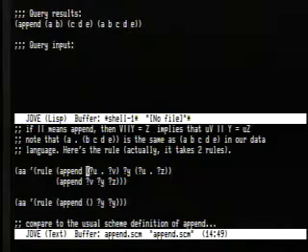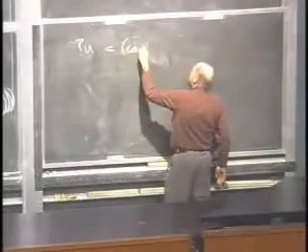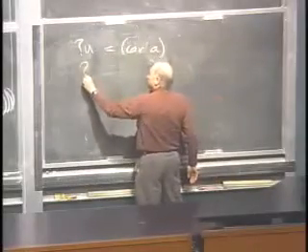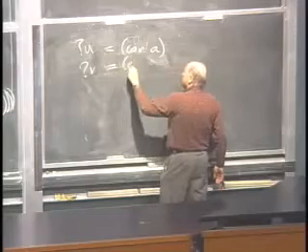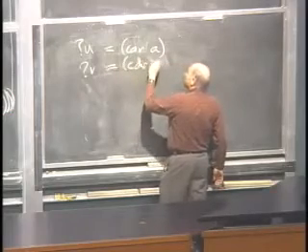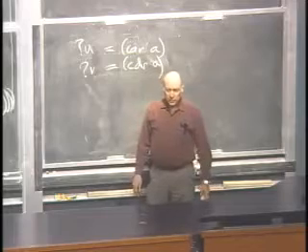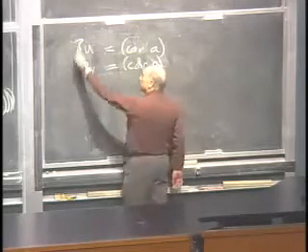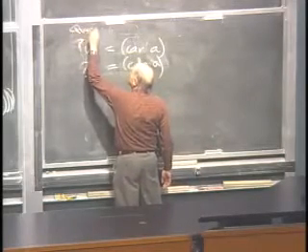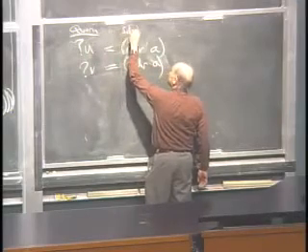So in this program, question mark U is the car of A. Question mark V is the cdr of A. So this is the query version, and this is the Scheme version.